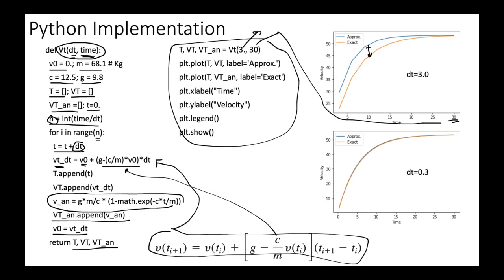Okay, it gets much better if you change the time step from 3 to 0.3. And that makes sense, right? Because the definition of the differentiation is that the dt goes to 0. So the smaller the dt, the more accurate the solution.